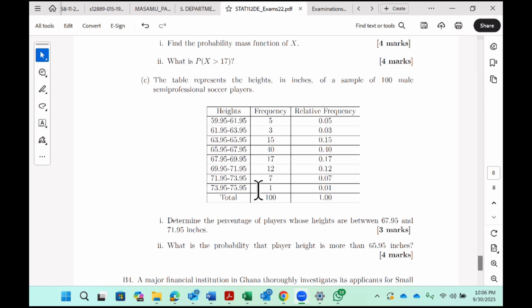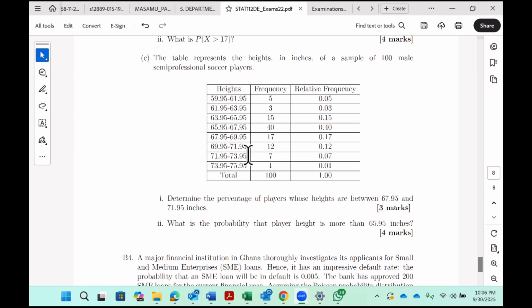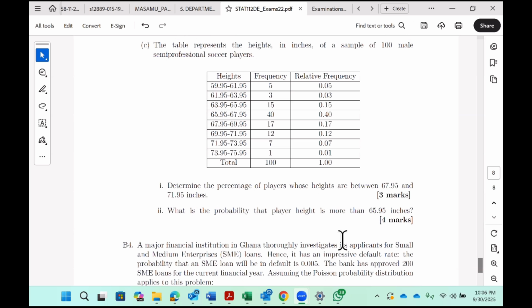Okay. Determine the percentage of players whose heights are between 67.95 and 71.95. So you go to your table and locate 67.95. I have 67.95 here, and also my 71.95 is also here.